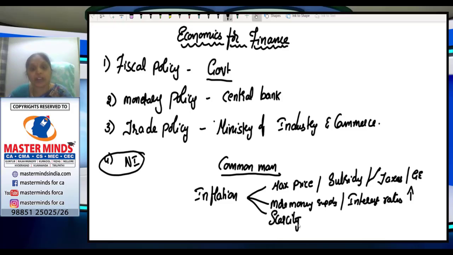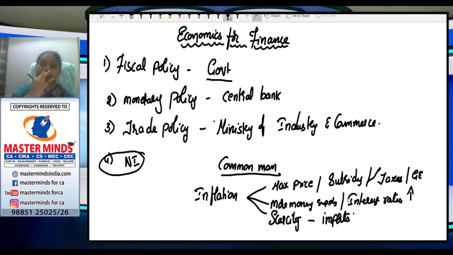When there is a scarcity in our country of a particular product, what will the government do? The government will import. When the government imports, the supply increases, automatically the scarcity decreases, and the prices get controlled. Yes or no?